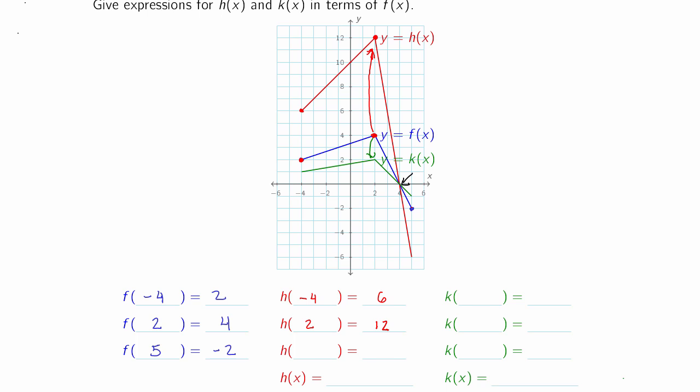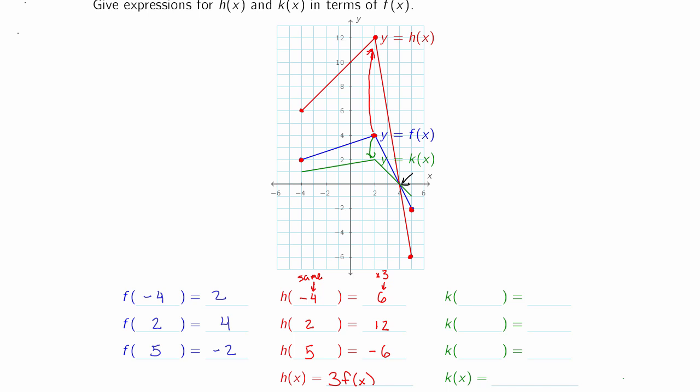And then 5, -2 becomes 5, -6. Right? -2 times 3 is -6. So our inputs stay the same, and our outputs are 3 times as big. It looks like we just take the output of f and multiply it by 3. The vertical stuff is totally straightforward again. Interesting.